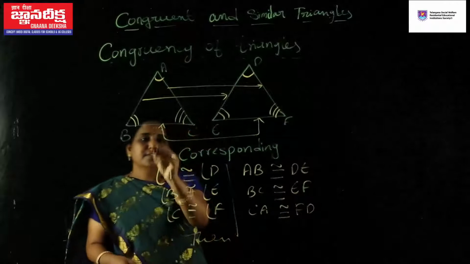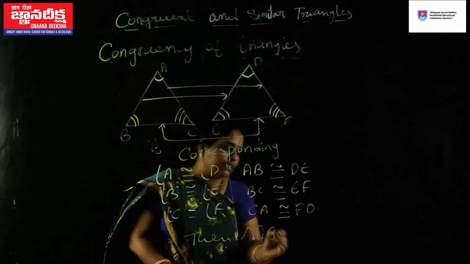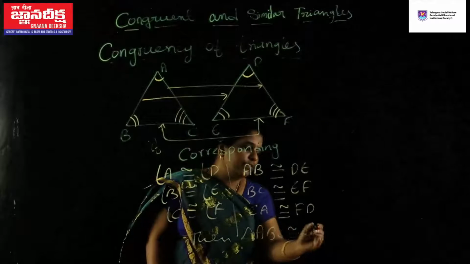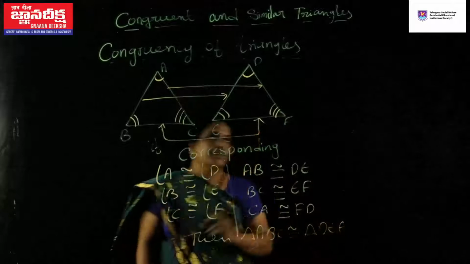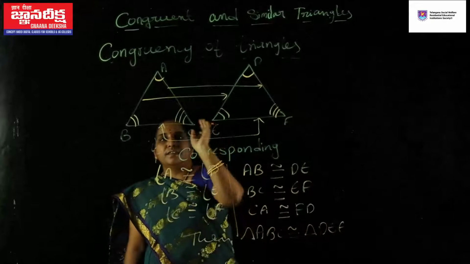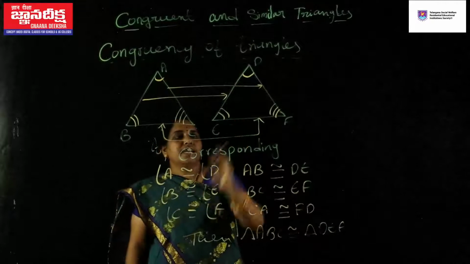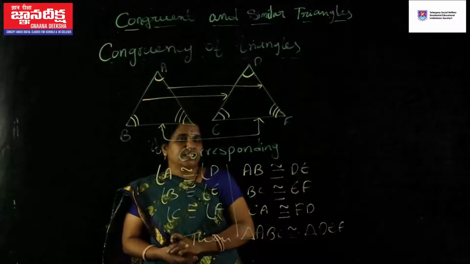If this happens, then we say triangle ABC is congruent to triangle DEF. So, two triangles are said to be congruent when the 6 elements of one triangle are congruent to corresponding 6 elements of the next triangle.